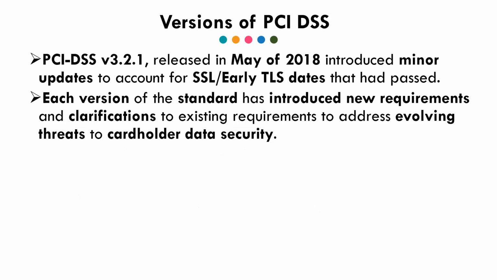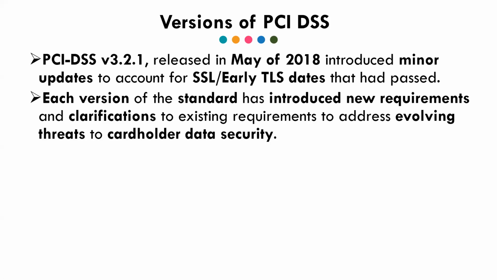So all these versions address specific areas of security, and they are always an improvement on the previous version, right? So now we have version 4, which is going alongside version 3.2.1, right? Both of them are going to run for 2 years, and then version 3.2.1 will be retired.